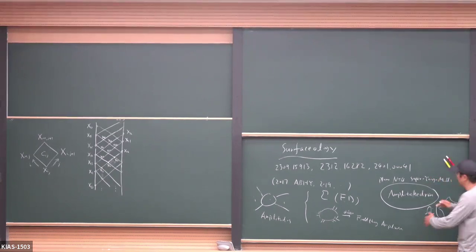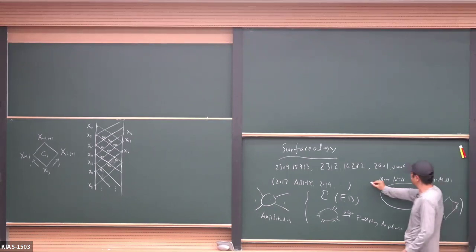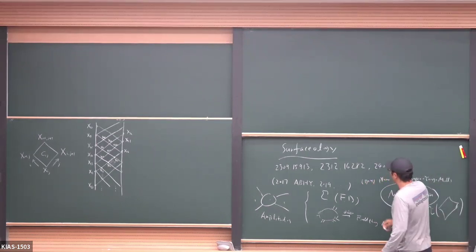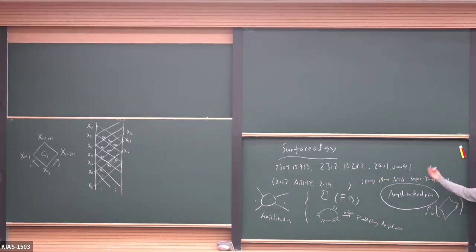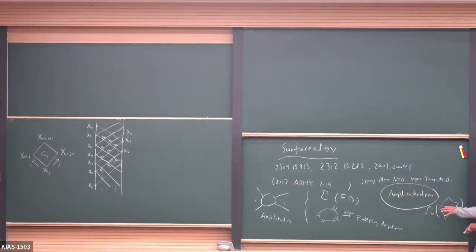Of course there are many developments. For example, remarkably, this is living in 4 dimensions. If you dimensionally reduce this amplitude hedron to 3 dimensions, for the external kinematics, that gives you something very interesting. It gives you the so-called ABJM amplitude hedron.